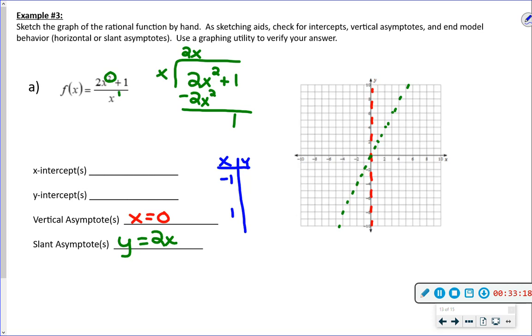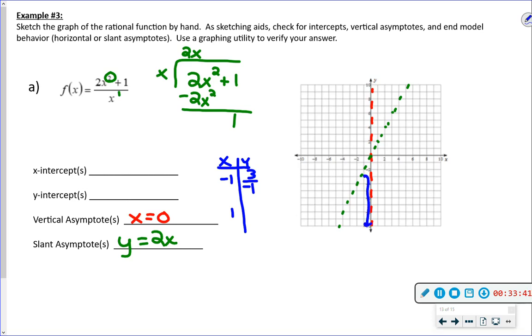Now, this one might not be a bad one to do the t-chart from your calculator, just because there's so much computation that has to be done, but I'm going to do it. -1 squared, 1 times 2, 2, 2 plus 1, 3. Then I have -1 on the bottom, so I have -1, -3 there. 1, 2, got it.